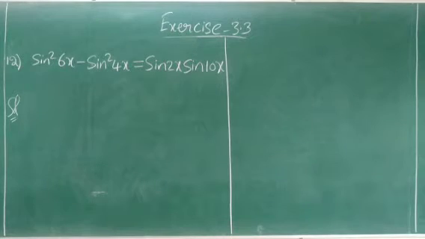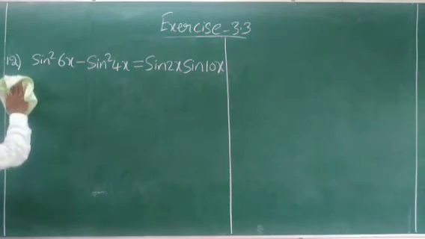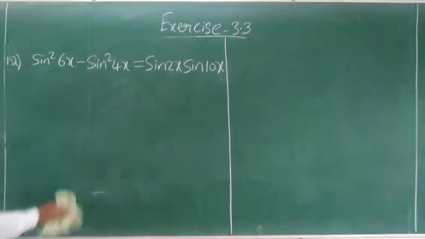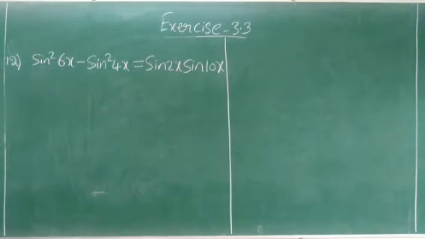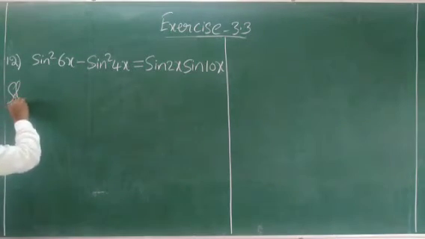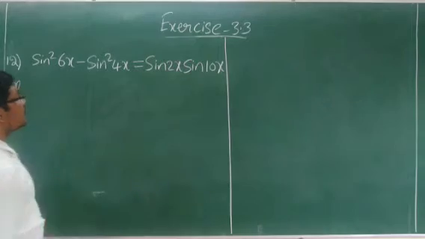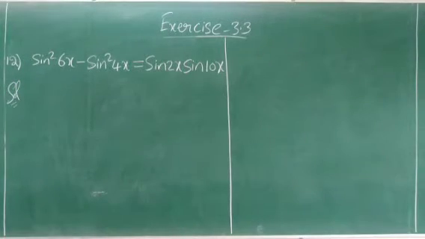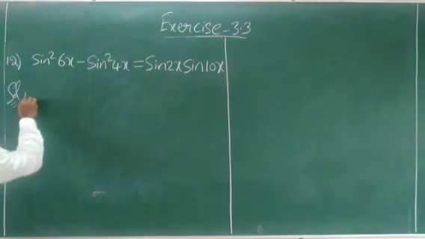Let's take the next question. Sin square 6x minus sin square 4x is equal to sin 2x sin 10x. We need to prove again LHS is equal to RHS. If you observe the left side, it is in the form of a square minus b square.